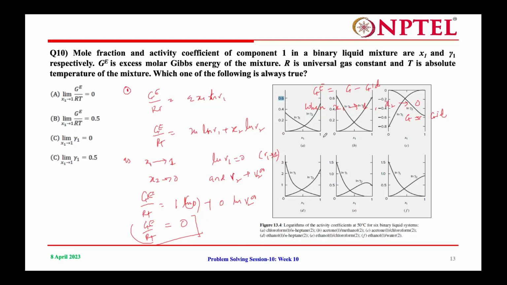So GE is equal to 0. So limit x1 tends to 1, GE by RT equal to 0. So option A is the right one. I hope you all are clear.